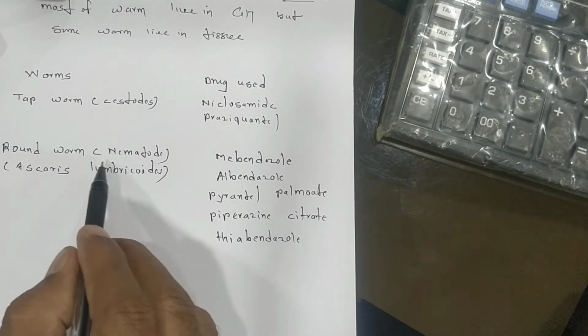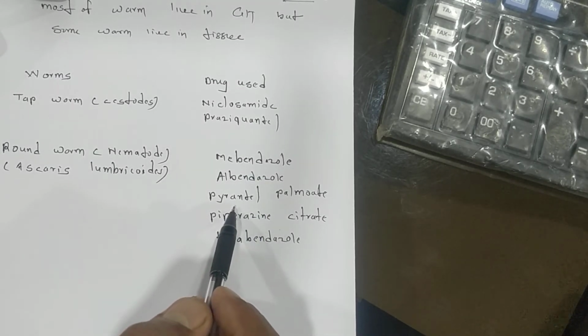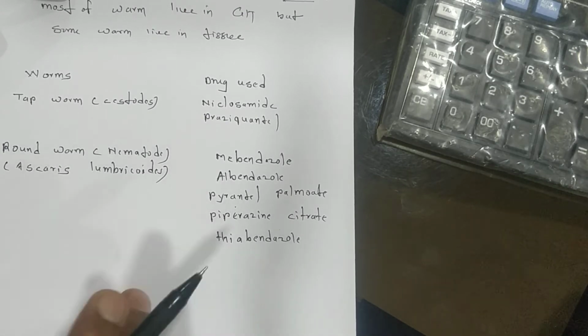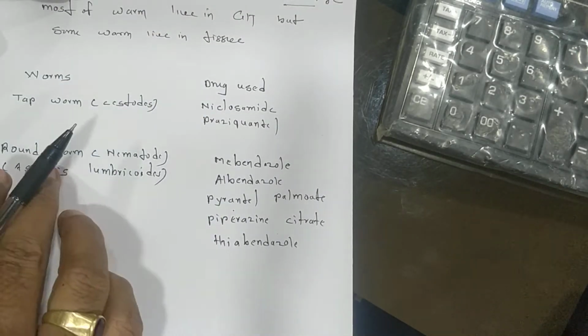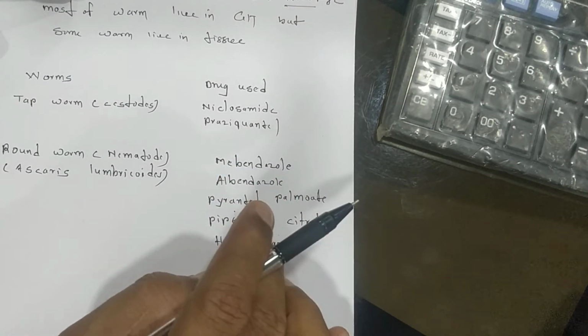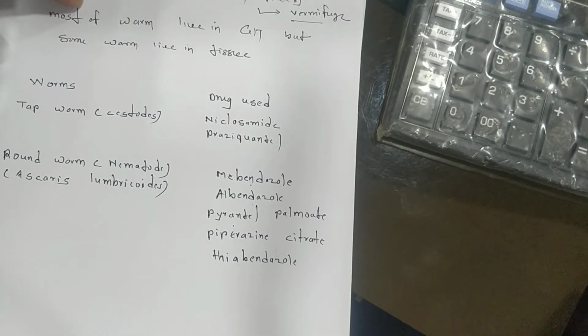Now see, for the roundworm these are the choice of drugs. Most commonly used are albendazole and mebendazole.